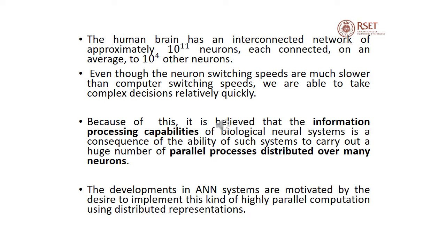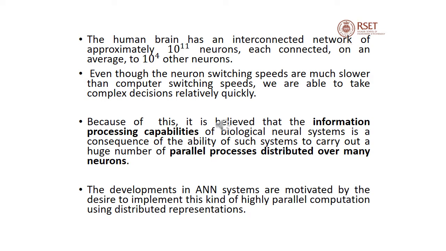The human brain has an interconnected network of approximately 10 raised to 11 neurons, each connected on average to 10 raised to 4 other neurons. Even though neuron switching speeds are much slower than computer switching speeds, we are able to take complex decisions relatively quickly.